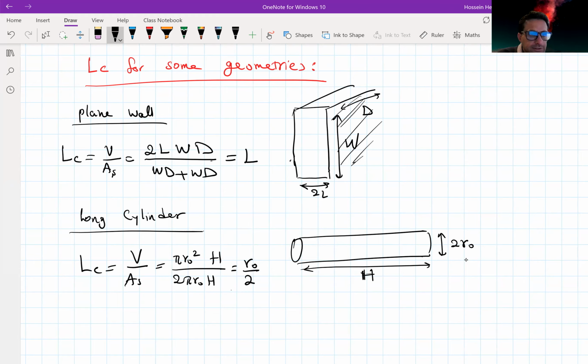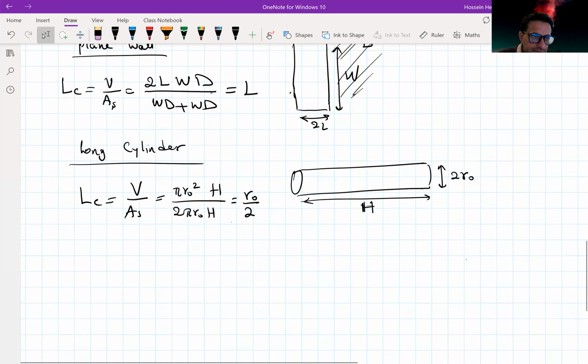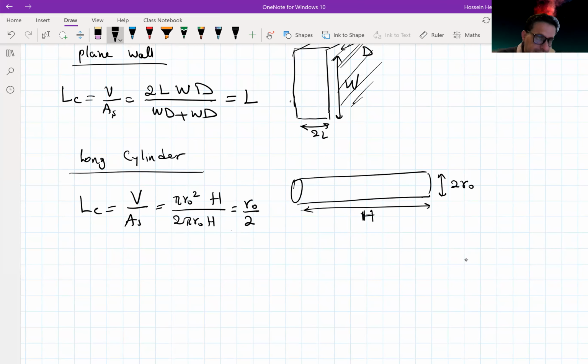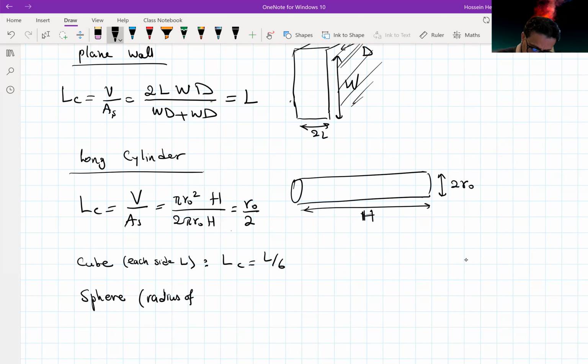This is going to be the characteristic length for this long cylinder. If you do the calculations for, let's say, a cube with each side L, then Lc is going to be L divided by 6. And for a sphere with the radius of R0, Lc is going to be R0 divided by 3.